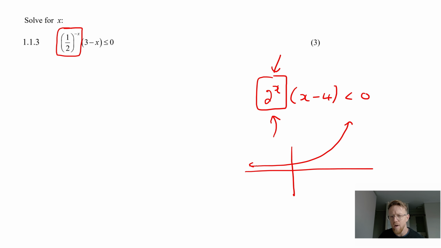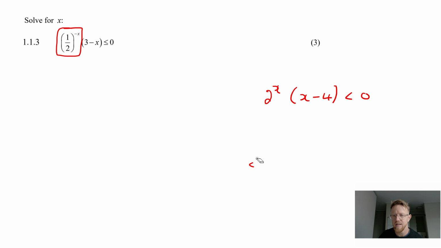If you look at the y values, positive, positive, positive, positive, positive, you'll never see this graph under the x-axis. So no matter what x value you plug in here, this will always be positive. So that's the first thing you would tell the examiner for a question like this. You would say that 2 to the x is greater than 0 for all x values.